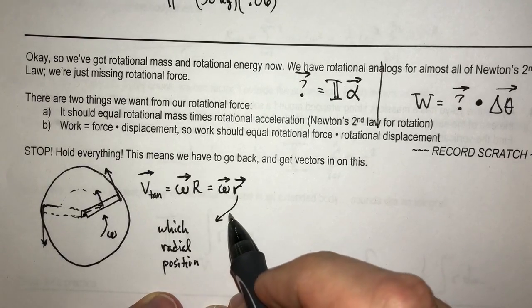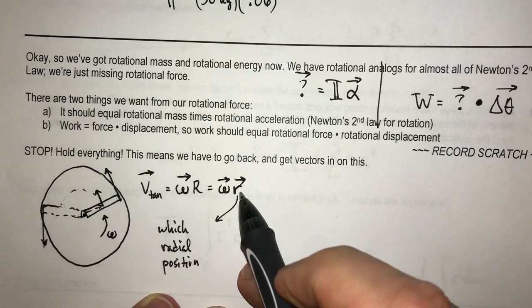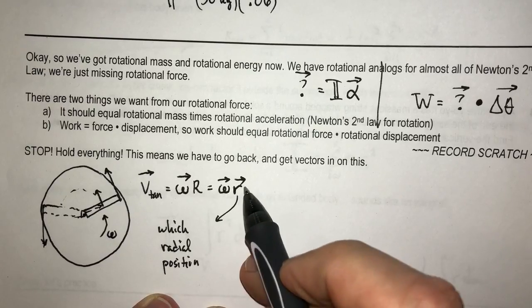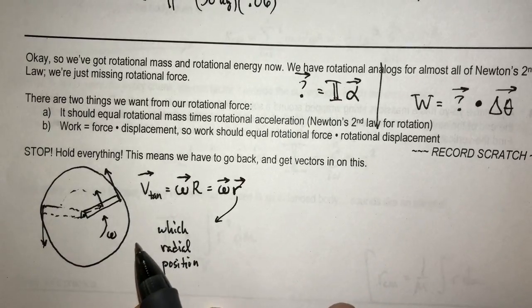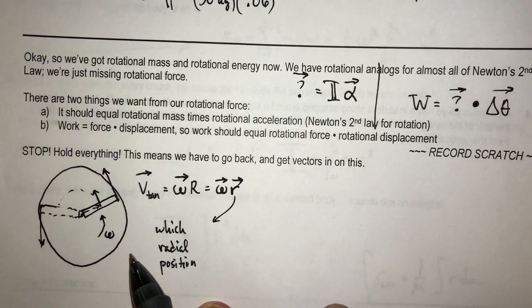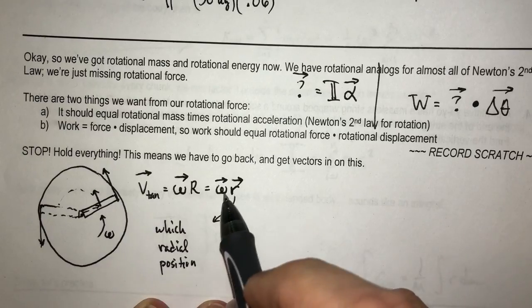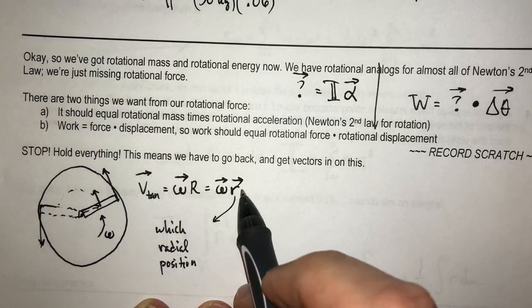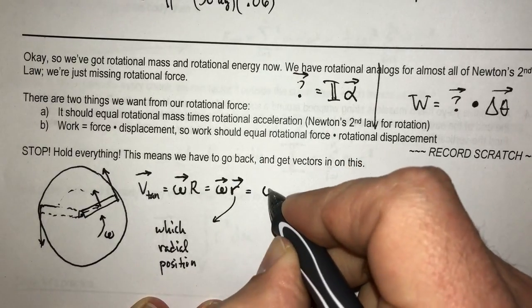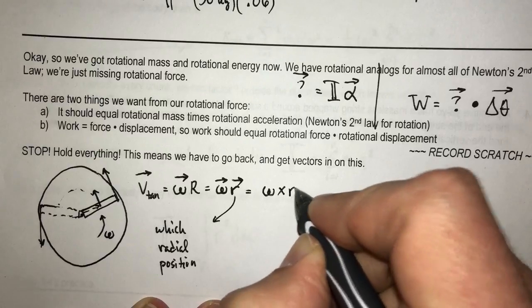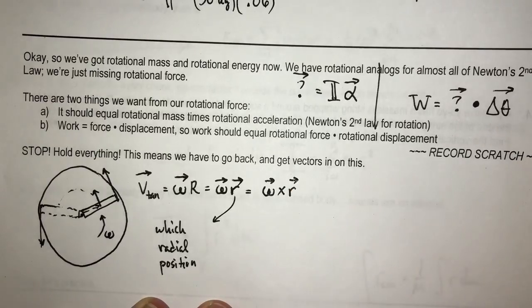We haven't had something like this before. We're trying to multiply, hypothetically, two vector quantities and end up with a third vector quantity. And it turns out we've already developed machinery that can handle that for us. The only way we can multiply two vectors and end up with a third vector is with the cross product. It's the only way we can do it.